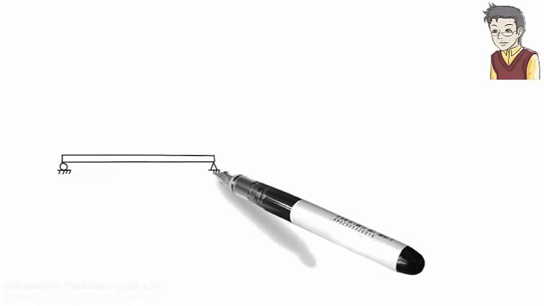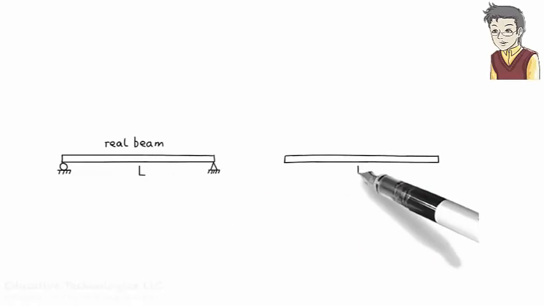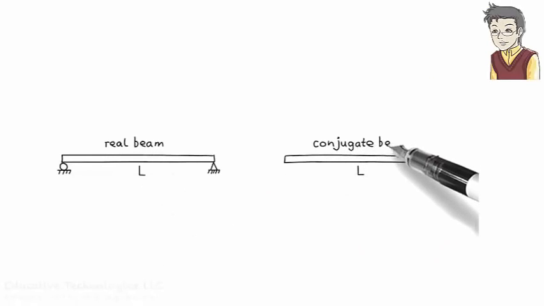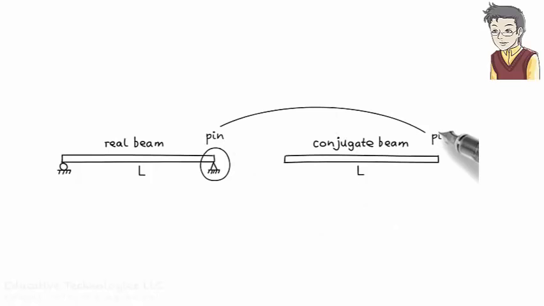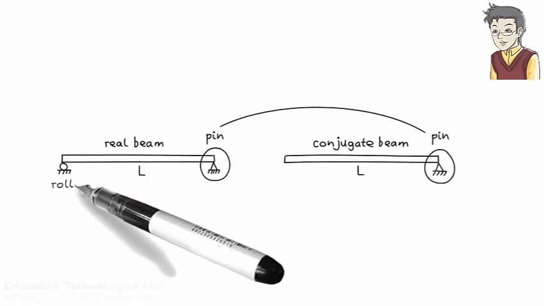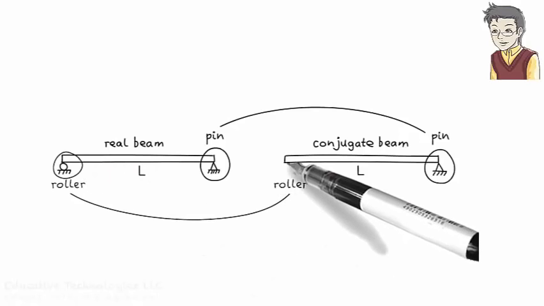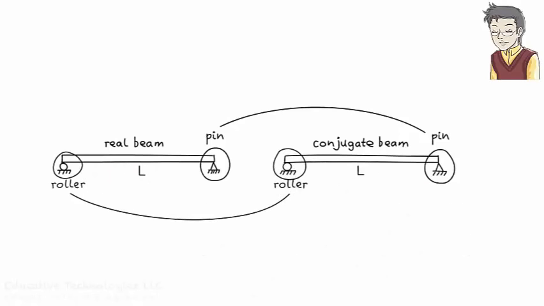What if the real beam rests on a pin or a roller? What would be the corresponding support type in the conjugate beam? Well, that depends on the location of the support. If the pin or the roller is an end support, then the corresponding support in the conjugate beam is also going to be a pin or roller. Why?